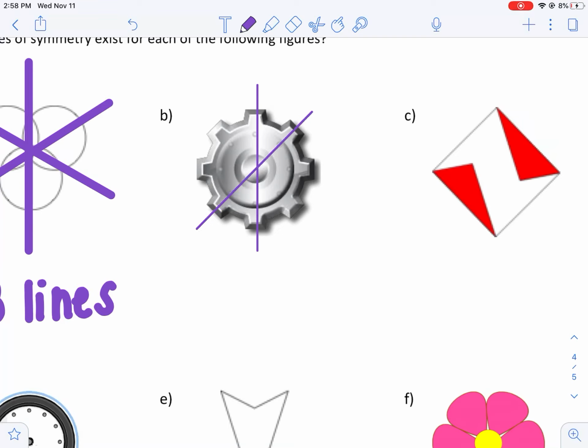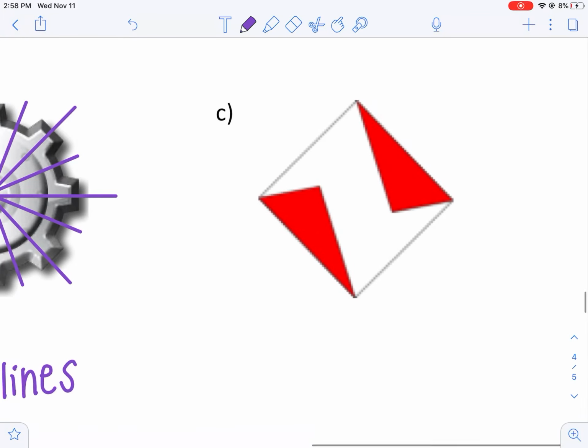There's 2. There's 3. There's 4. And we could also fold here, 5. Here, 6. Here, 7. And here, 8. Ooh, 8 lines of symmetry. Wowzers.